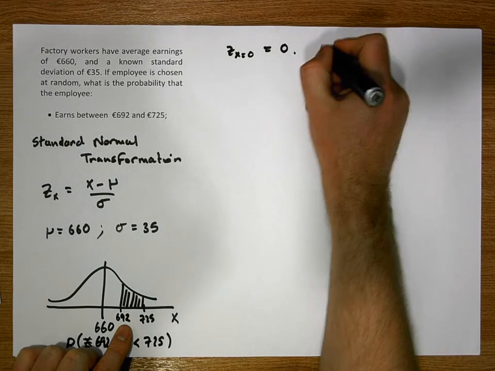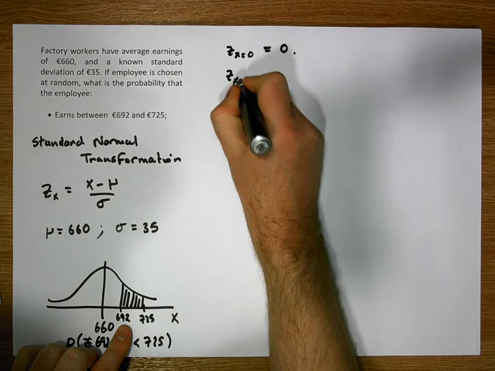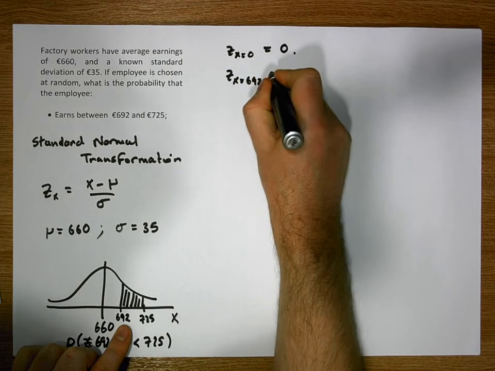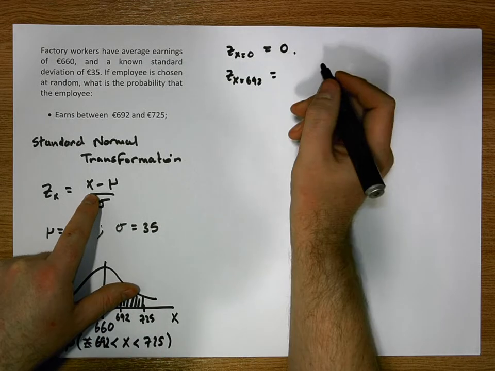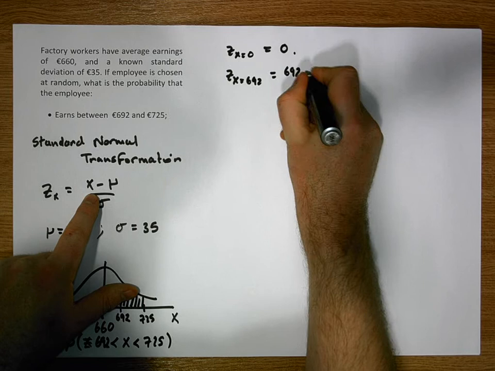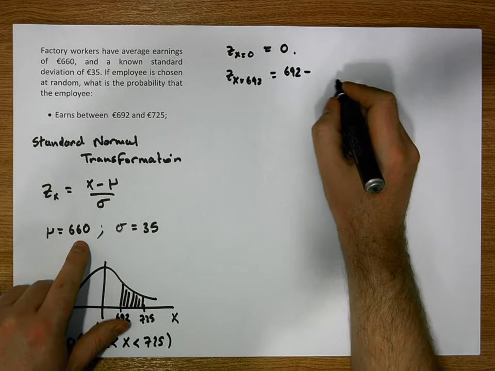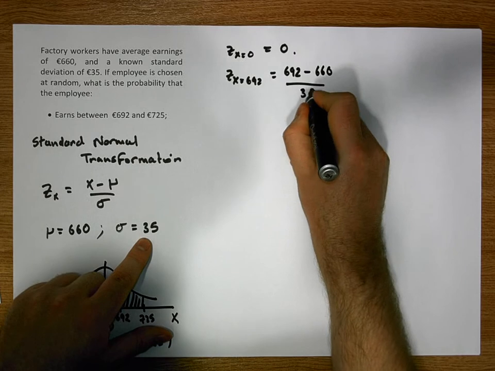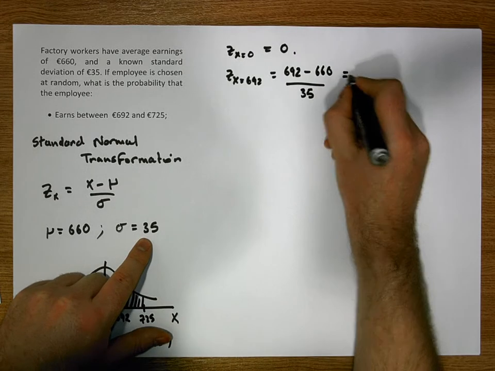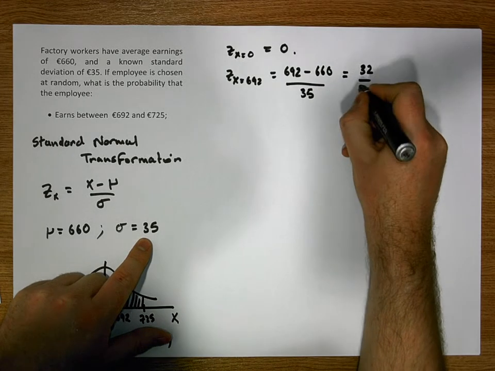Well, let's try that. So z, when x is equal to 692, is equal to, well, x is 692. So it's 692 minus the population mean, which is 660, divided by the population standard deviation, which is 35. And that gives us a value of 32 divided by 35.